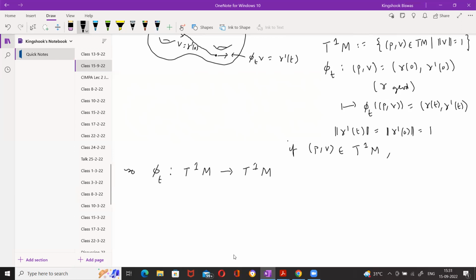But if I take the unit tangent bundle, then the fibers are spheres, which are compact. So if the base M is compact and the fibers, which are spheres, are compact, then the total space T^1 M is compact.